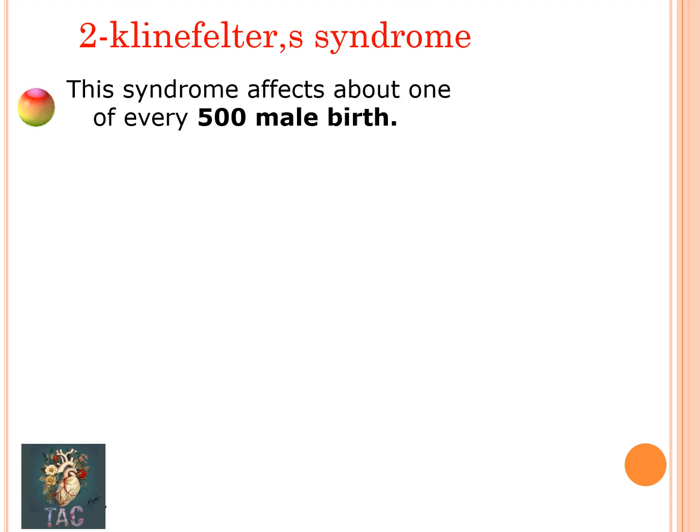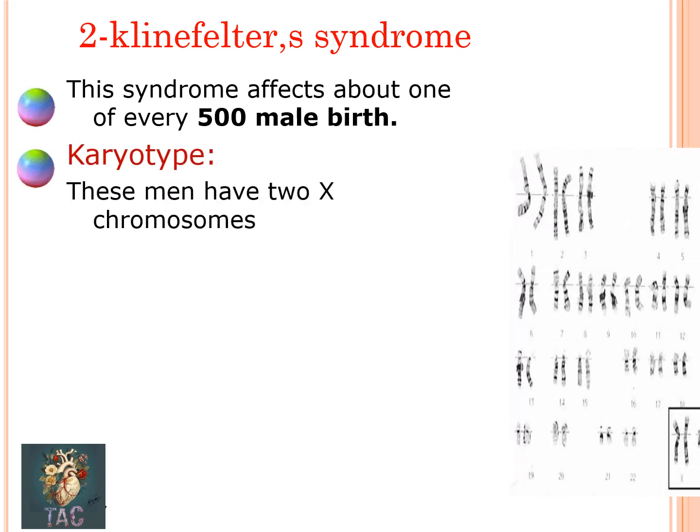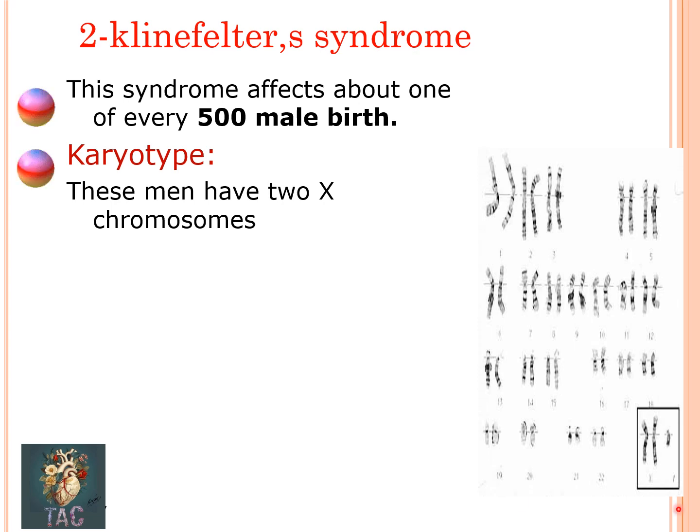Next is Klinefelter syndrome. The syndrome affects 1 in every 500 male births. The karyotype has 2 X chromosomes. In this diagram you can see an extra copy of the X chromosome.